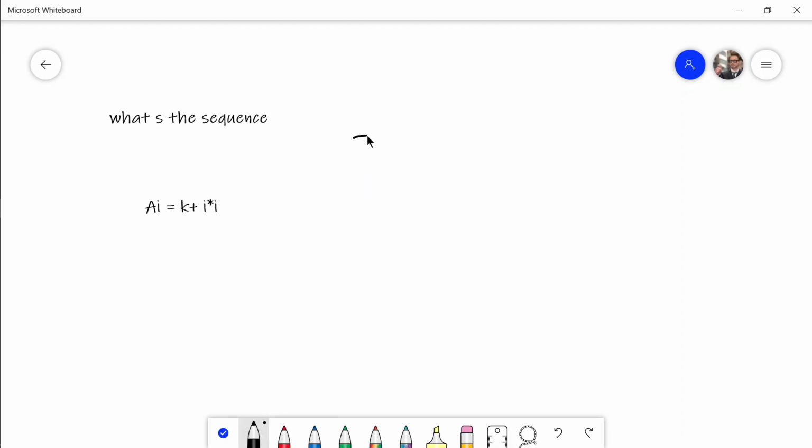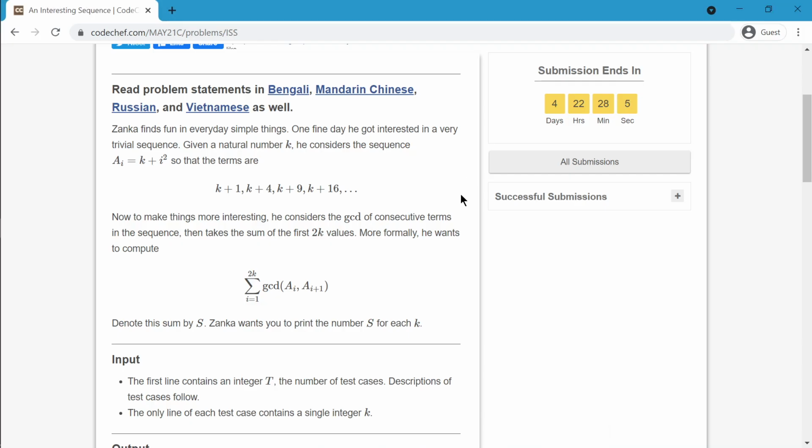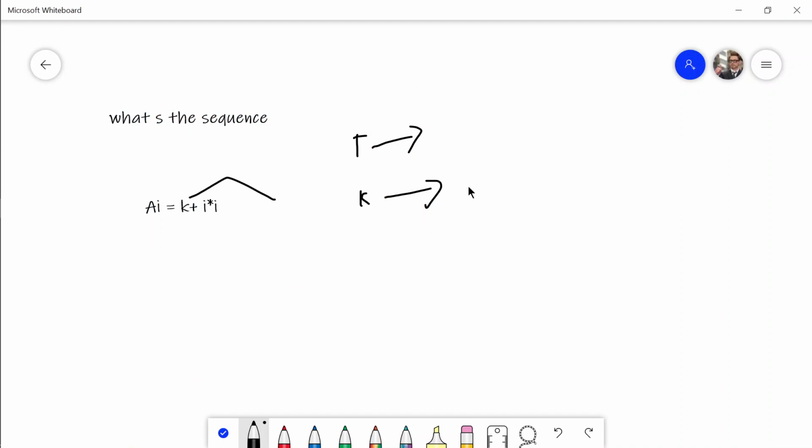In the input, you will be given t, the number of test cases, and k. K is the value which we will use in the equation. Using this equation, he will form a sequence, and from that sequence, he wants the sum of the GCD of two consecutive terms.